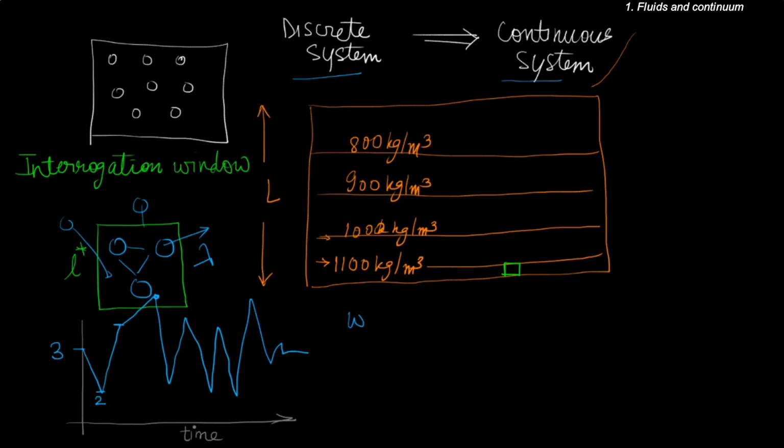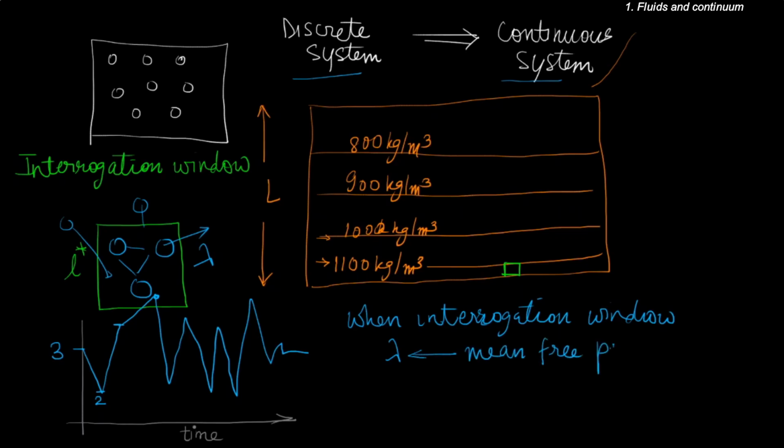So when the interrogation window is comparable to the molecular collision length scale, lambda, you may recognize lambda as the mean free path also. So mean free path defines the distance traveled by a molecule before encountering another molecule.